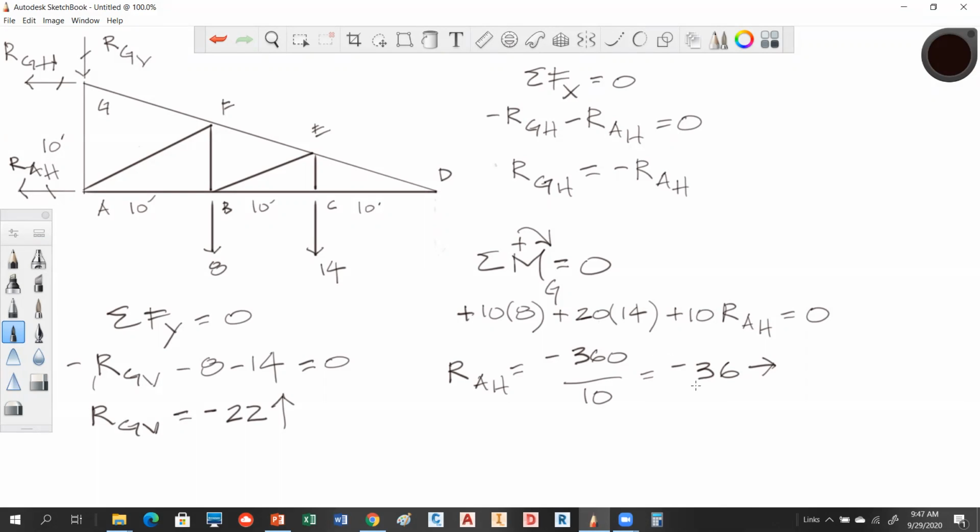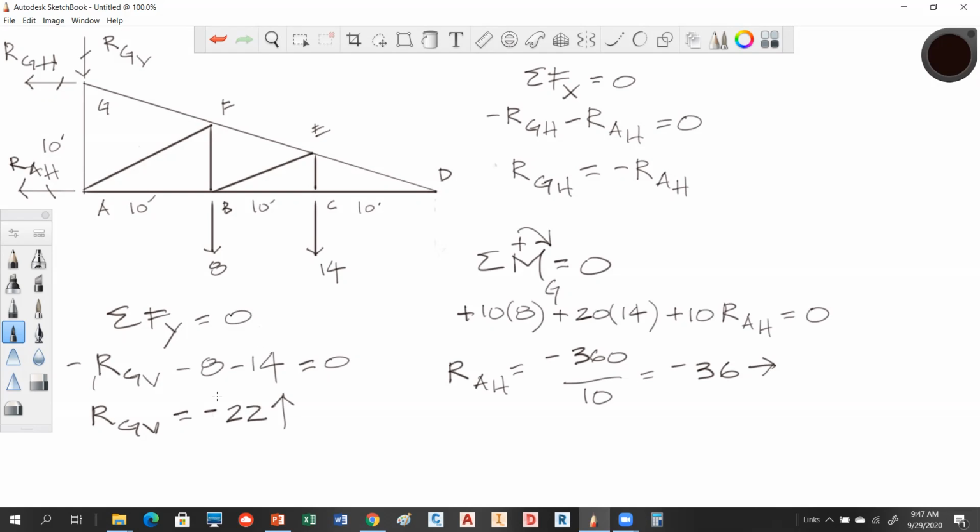Just like this one told us, we modeled it going what, down? And the negative said, no, it's not down, it's going up. You made an initial assumption, but this is telling me your initial assumption is incorrect.